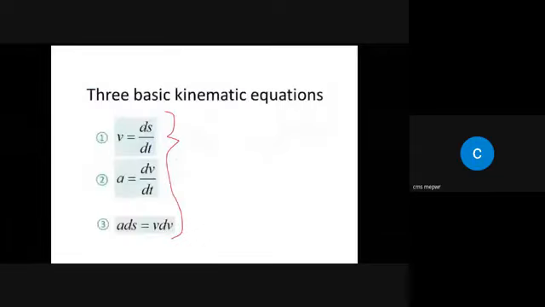Okay, so we have these equations. If you remember, we had equations of motion in our physics course. Equation of motion, याद है ना आपको? Did you people derive equations of motion? Yes, sir.